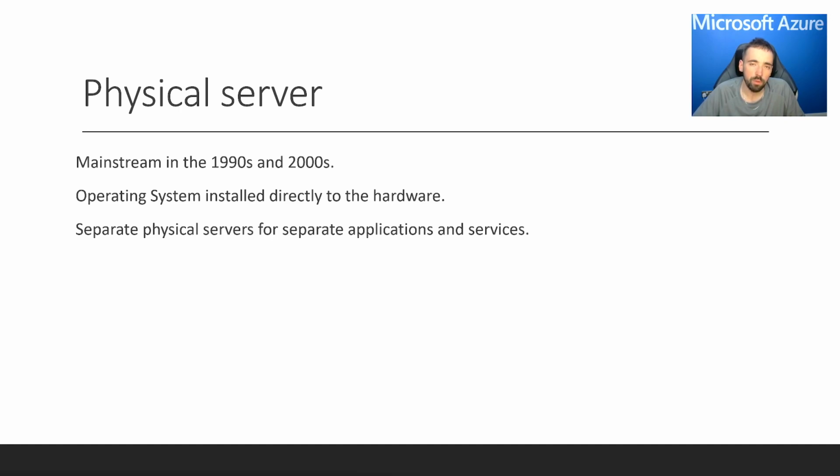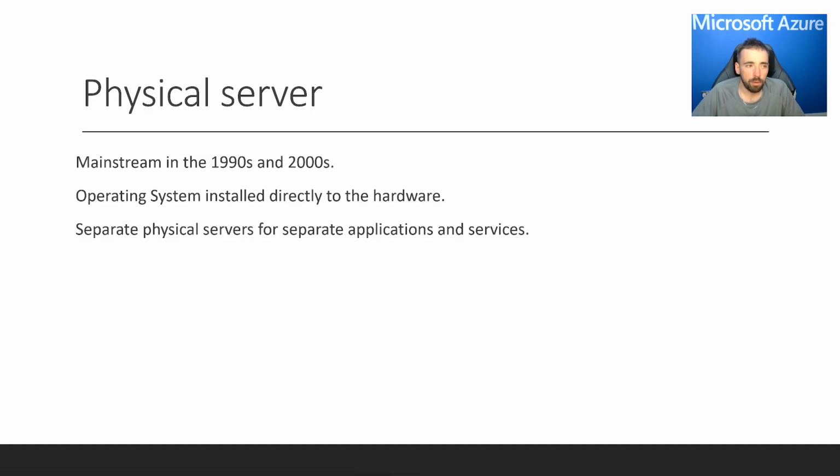This meant that there was one physical server dedicated to an application. If the business then wanted to deploy another application and make use of another application to serve a different business need, they would need to purchase another physical server. On top of that physical server, they would need to install the operating system again, and then they would install the application.